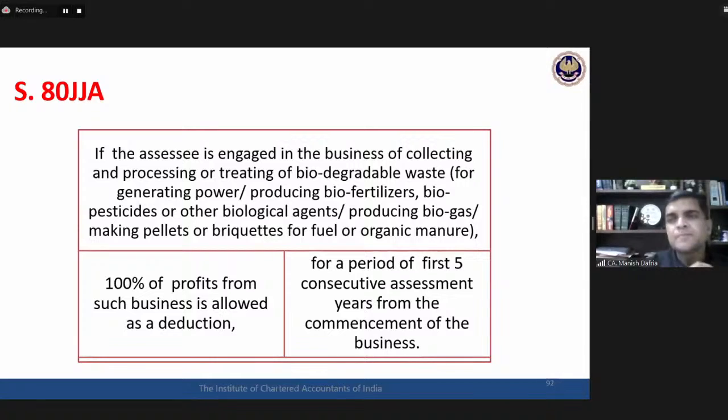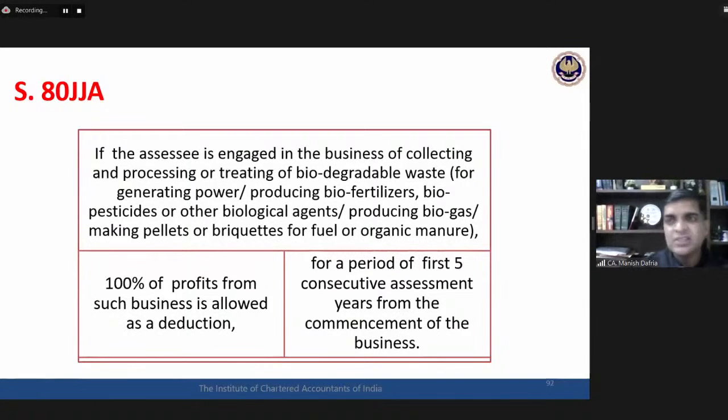Simple one. But again, in a simple section, we need to see something very carefully, a minute understanding, what we call reading between the lines. At the final level, these minute hidden issues are sometimes very, very important. So the first thing is this 5 years period. In 80IAC also, we have talked about a 3 years period.